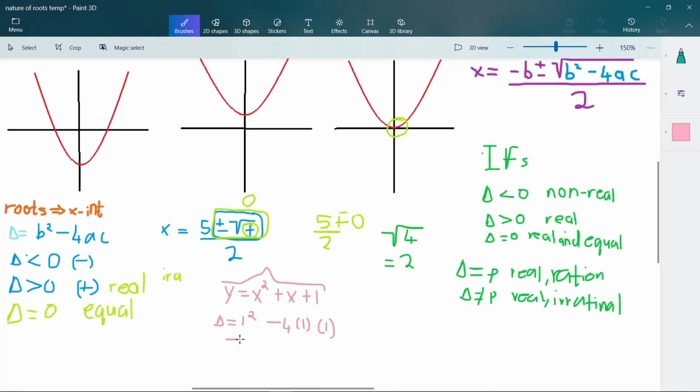So this will be 1 and this will be negative 4. So our discriminant will be equal to negative 3, and we have said that if the discriminant is a negative number, or less than 0, it means that the roots are non-real. It has non-real roots. So the function will look like this. It won't cross the x-axis.